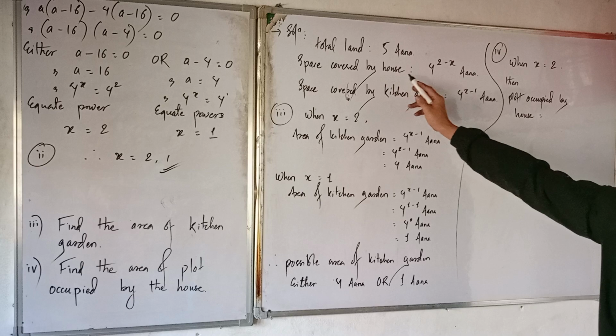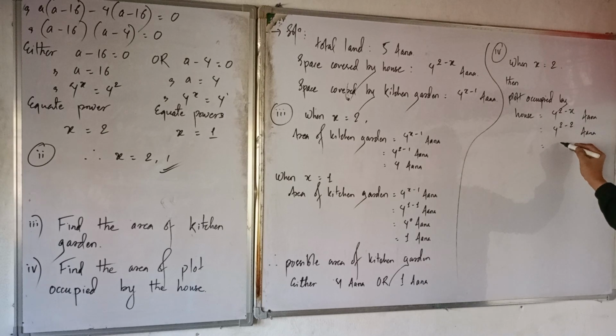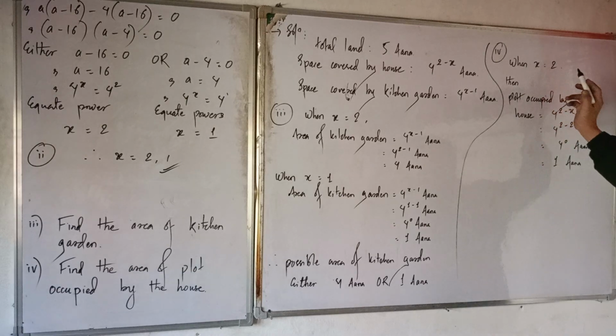The space occupied by the house is 4 power 2 minus x. Replace the value of x by 2, then it will be 4 power 0 Anna. It will be 1 Anna, when the value of x is 2.